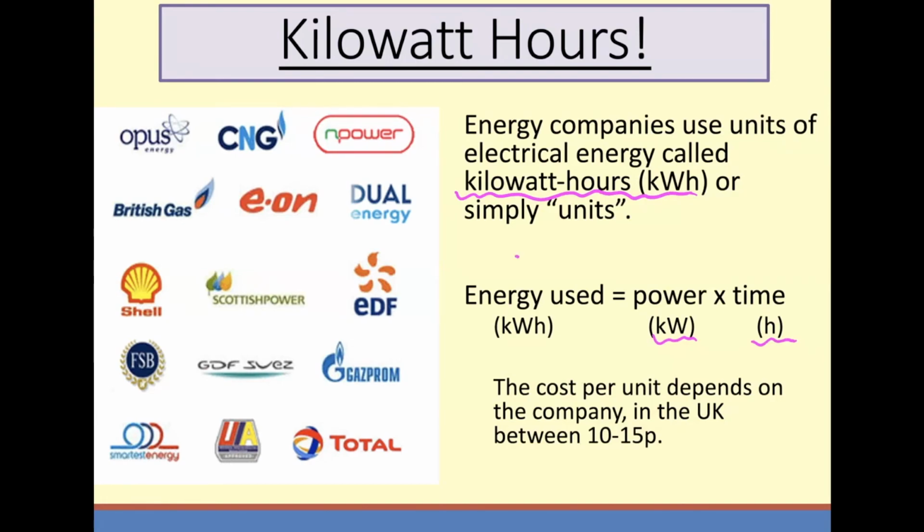But this is no longer joules. This is kilowatt hours as our amount of energy that we've used. So that might be a phrase that you've heard before. If you've ever seen a smart meter, it's probably measured using kilowatt hours. The cost per unit, so kilowatt hour being a unit, varies depending on what energy company you're with.